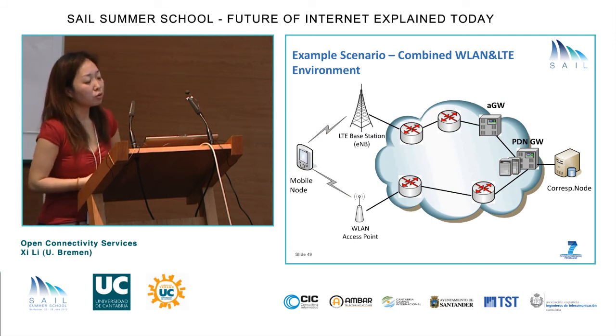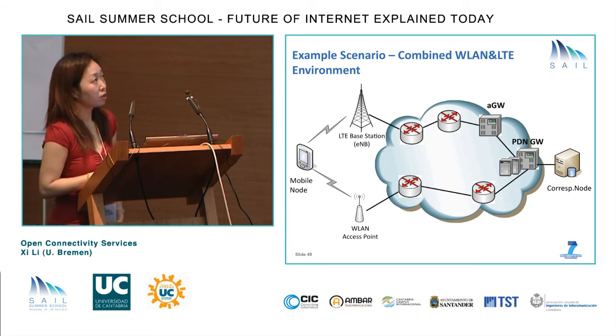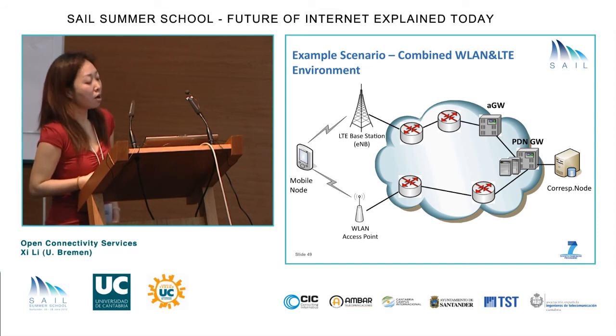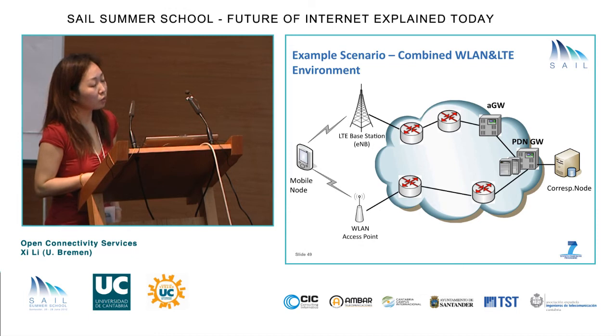One example scenario we can think about is a combined LTE and wireless LAN network environment. In this case, the mobile node on the one hand is connecting to the LTE network via the LTE node B, and on the other hand, the mobile node is connecting to the wireless LAN via the wireless LAN access point. So the mobile node is able to communicate with the corresponding node via these two possible access networks.